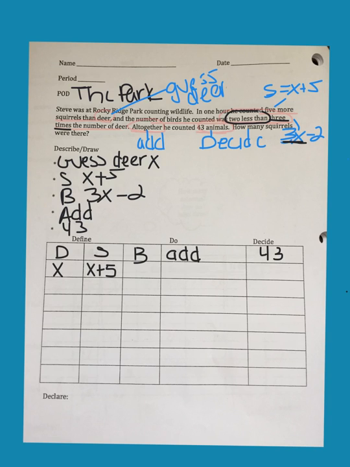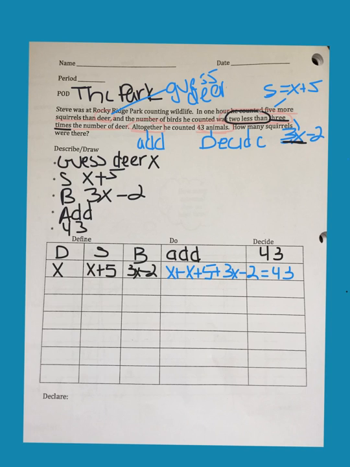And for the birds, I'm going to put 3x minus 2. And now I'm going to change colors in my add section so that we can see what this looks like when I add. I am adding x plus x plus 5 plus 3x minus 2 equals 43.